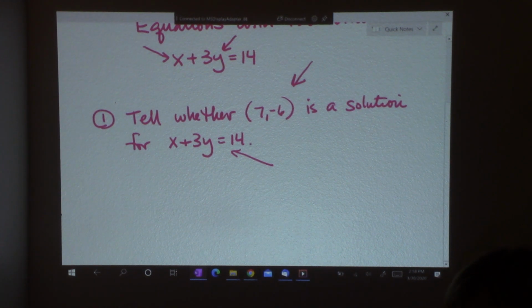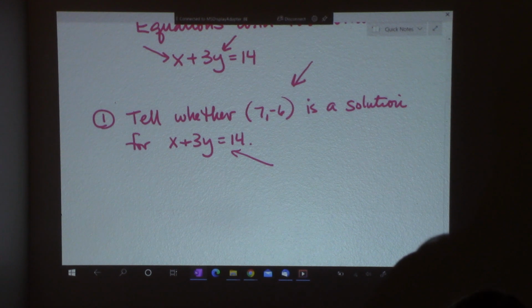So when we're asking whether that point is a solution, we're actually asking if it is a point on that line. And this is how we do that. What we do is our steps, or just the instructions, is we substitute.